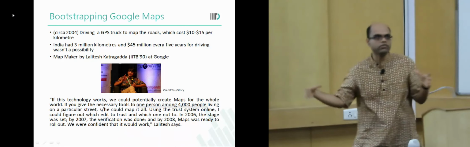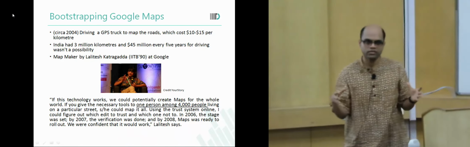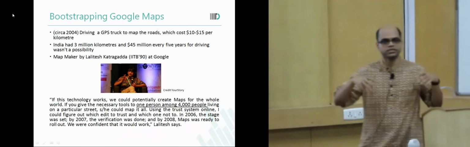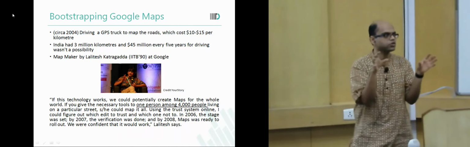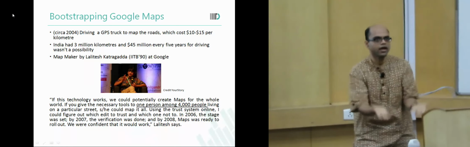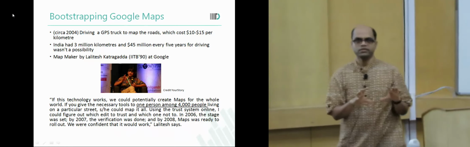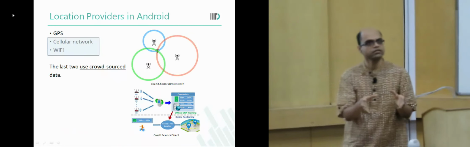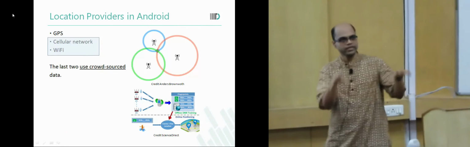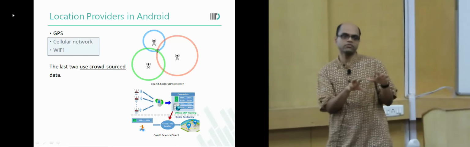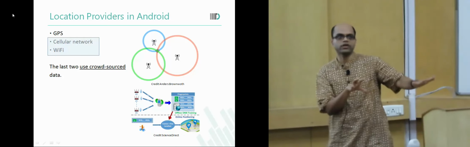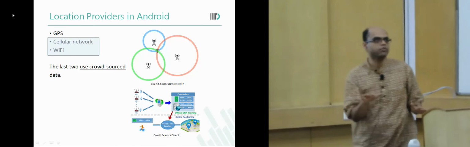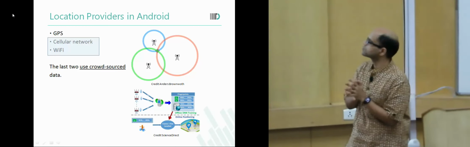He did not drive around with a truck with lots of resources. He just leveraged people who are already there and knowledgeable and bootstrapped this system. So that's one example of how we can utilize people, rather than infrastructure coming from the government, and still get the job done about the city, in the context of smart cities.